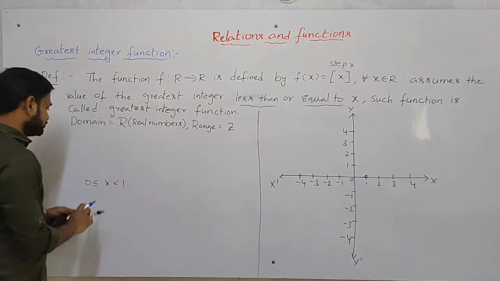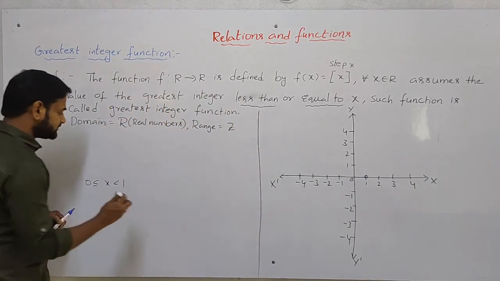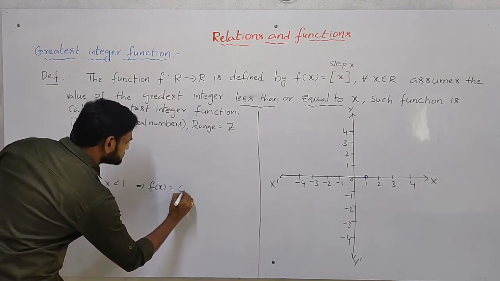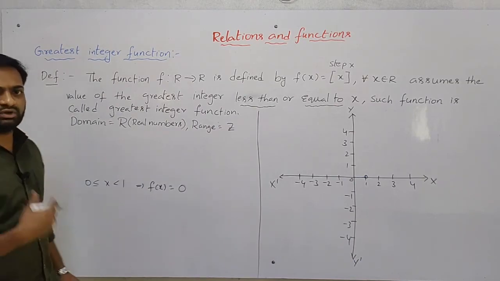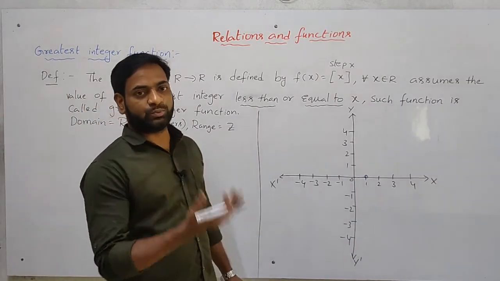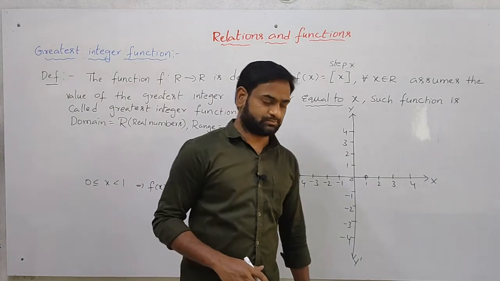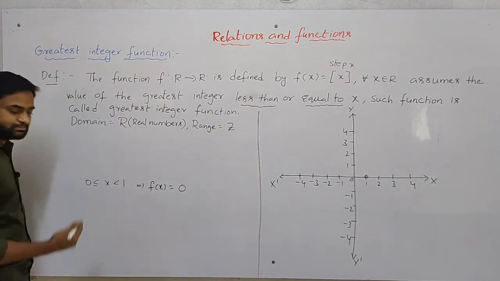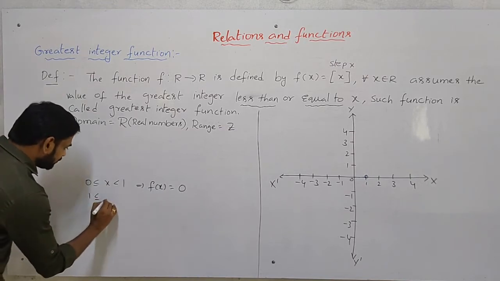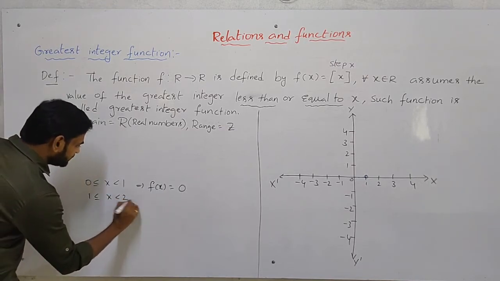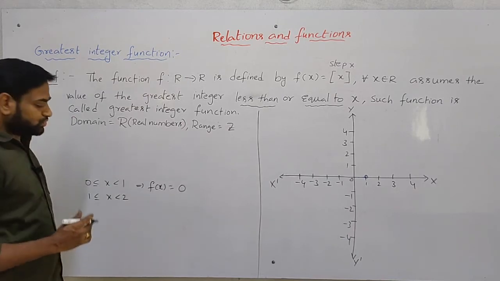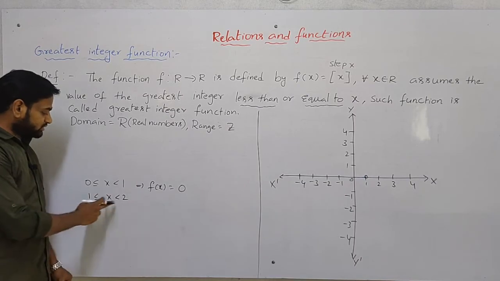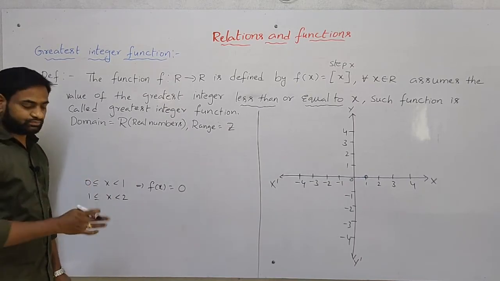So when you take these values, f of x is equal to 0. You take 0.1, 0.2, 0.3 and up to 0.9, the answer is 0 only. Next, on the positive side, 1 less than or equal to x less than 2. So x values are from 1 to 2, but don't take 2, take 1 only.